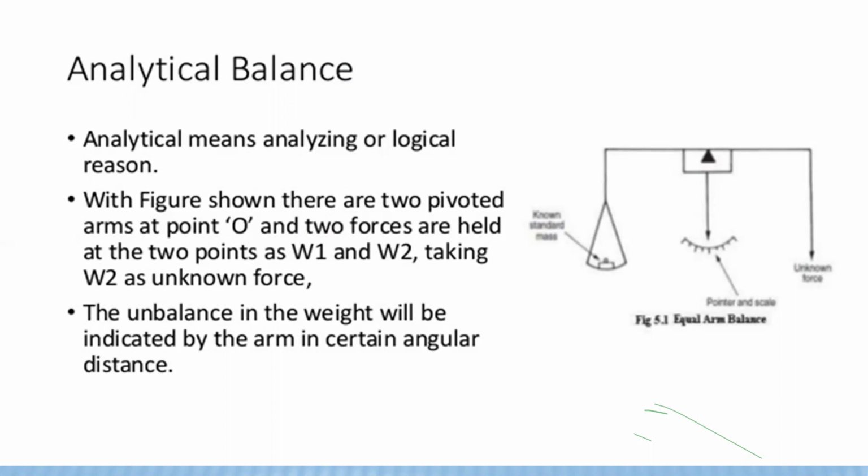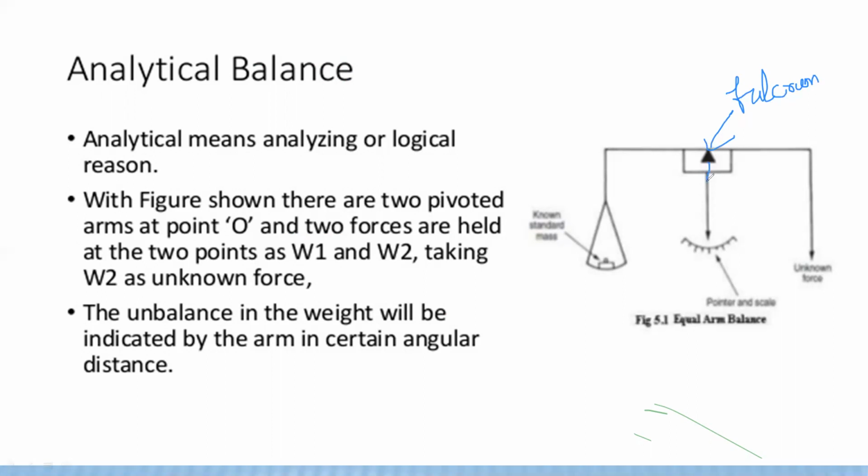A calibrated scale is arranged with the pointer, with the help of the fulcrum. You can see the fulcrum: the midpoint of the arm is the fulcrum. The fulcrum is pivoted with a pointer.